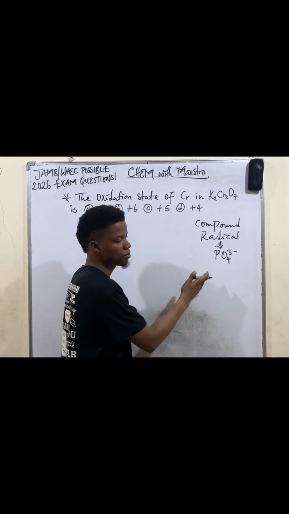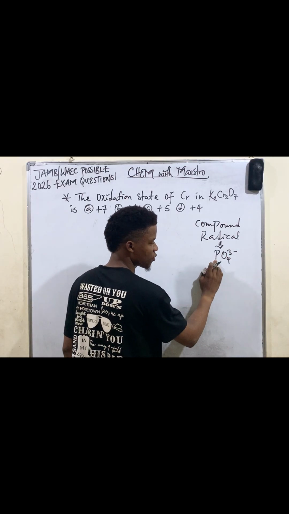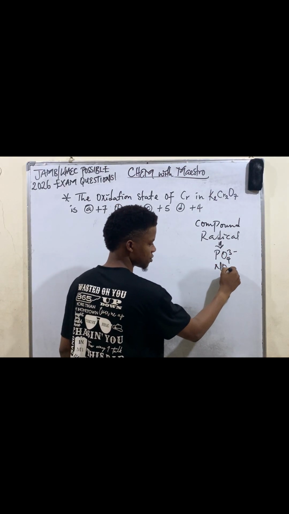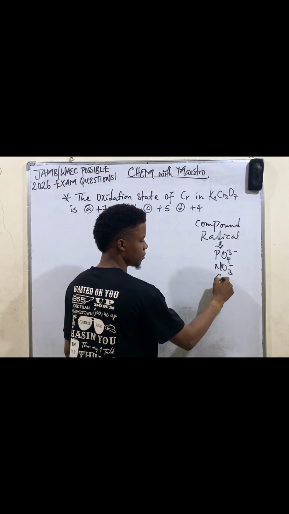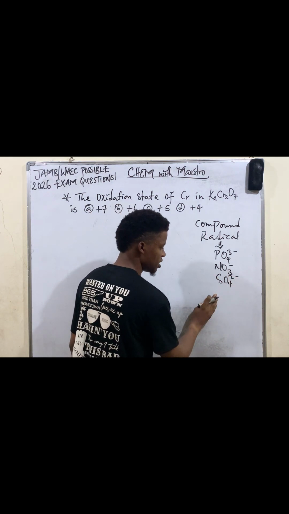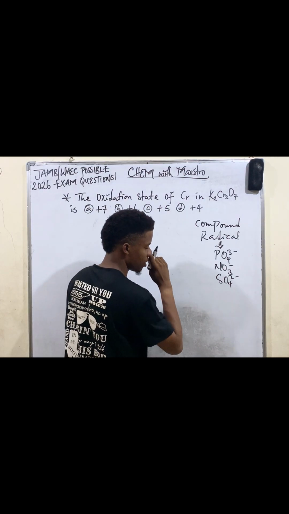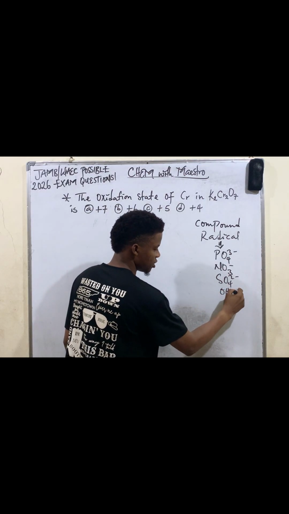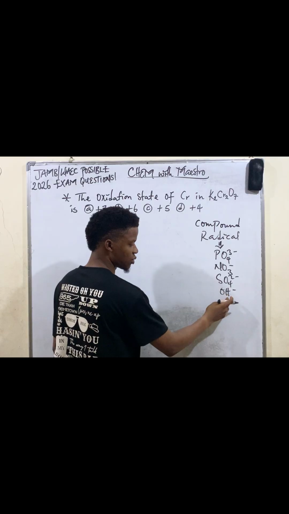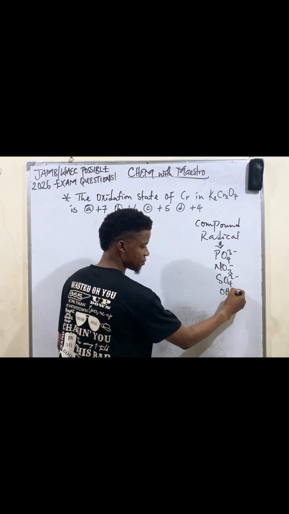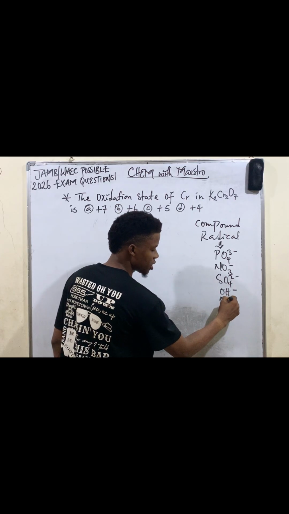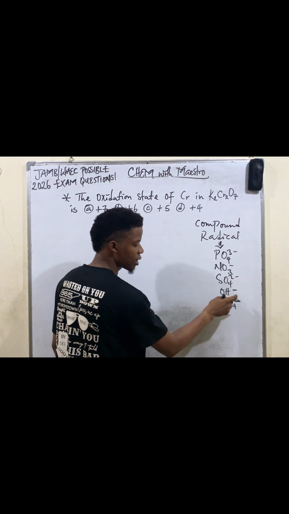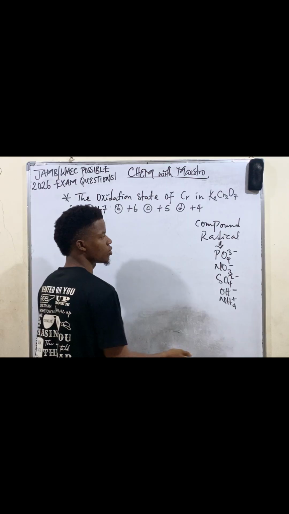This is a radical because it has charge, made up of phosphorus and oxygen. SO4 2 minus is a radical, it contains charge. OH minus is a radical, two atoms with charge. So once you see two or three atoms grouped together carrying a charge, that is a radical.